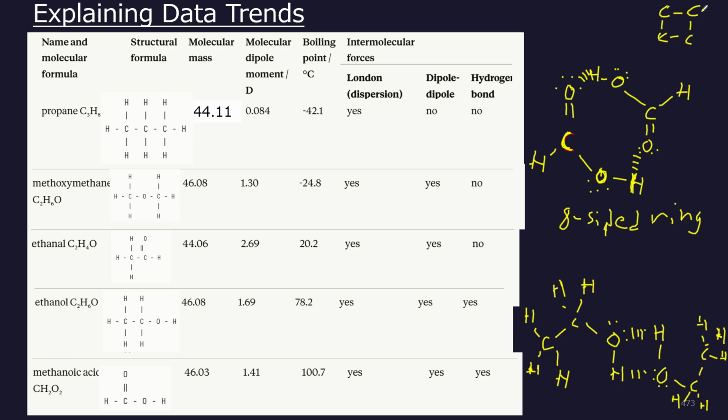Now, this has been made, it exists. It's actually not an entirely uncommon structure in a lot of organic molecules, but it is way, way, way less stable than something like a 5-membered ring, or a 6-membered ring, or a 7-membered ring, or an 8-membered ring.